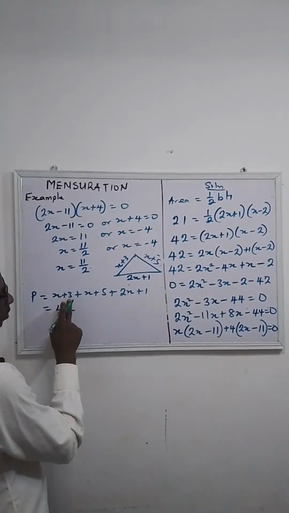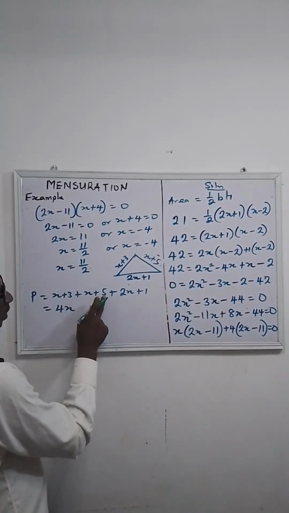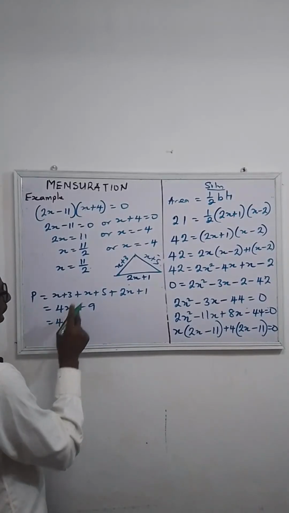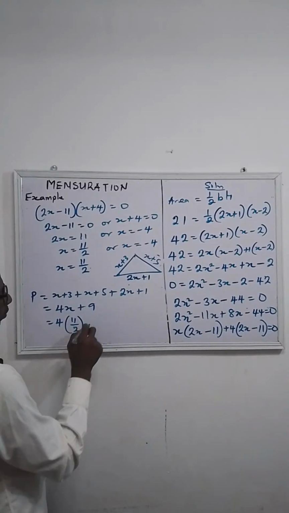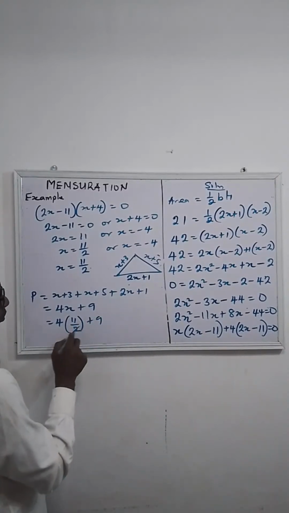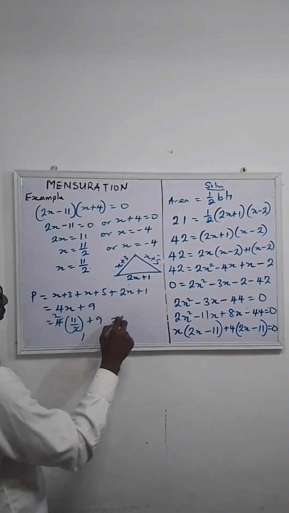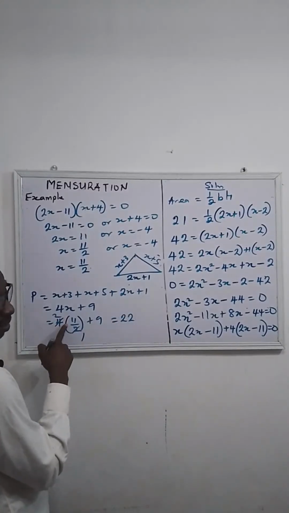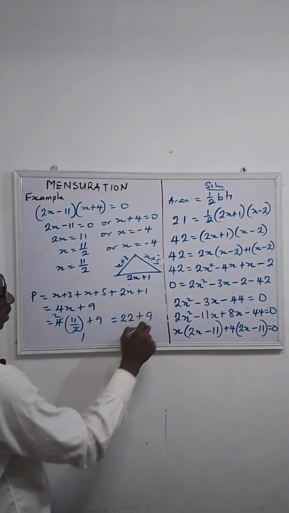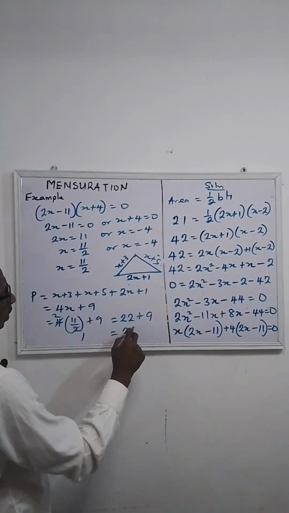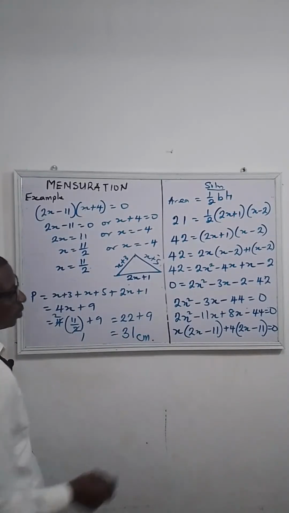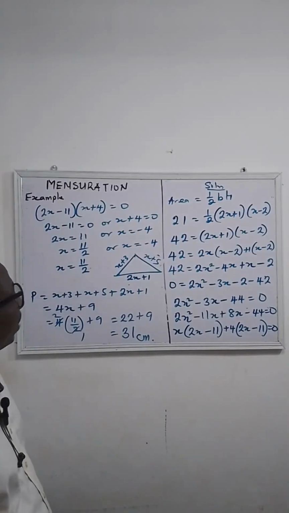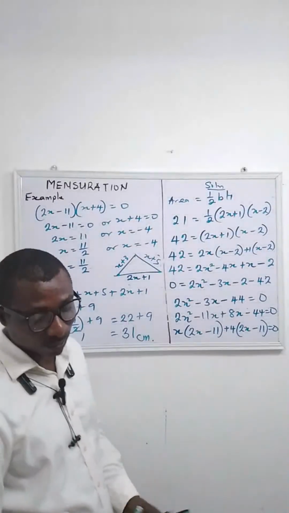Now let's add the numbers together. 3 plus 5, 8, plus this 1, 9. So we have 4 times x, which is 11 over 2, plus 9. So 2 goes there, 1, 2 goes there, 2. That gives you 22, because 2 times 11 is 22 plus 9. And the answer is what? 31 centimeter. So that is the perimeter of the triangle.